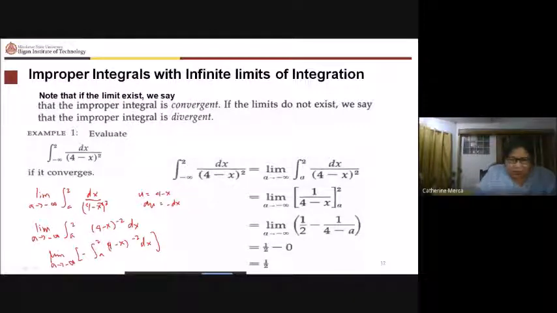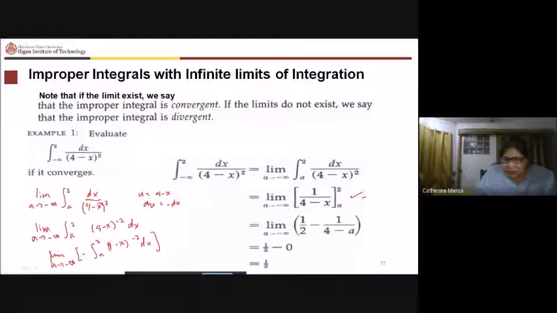With the negative from before, you will now have 1 over 4 minus x. So the result is this: the limit now of 1 over 4 minus x from a to 2.